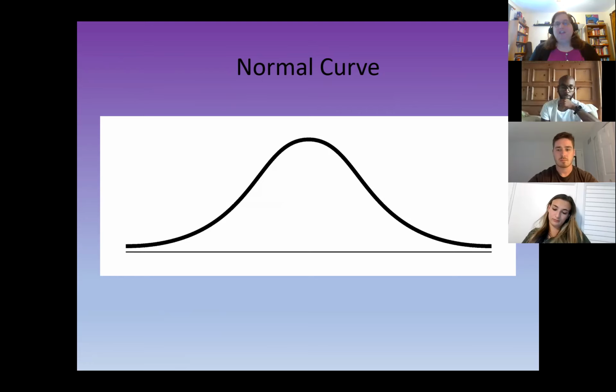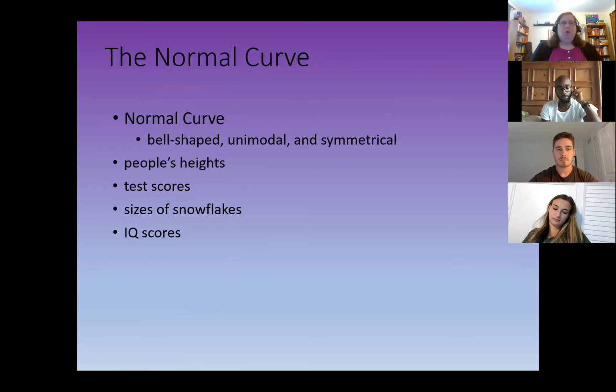Okay, and specifically, in most cases, I'm talking about your dependent variable, but we'll talk a little bit more about that as we go forward. Okay. So the normal curve is bell-shaped, unimodal, and symmetrical, as we just talked about.